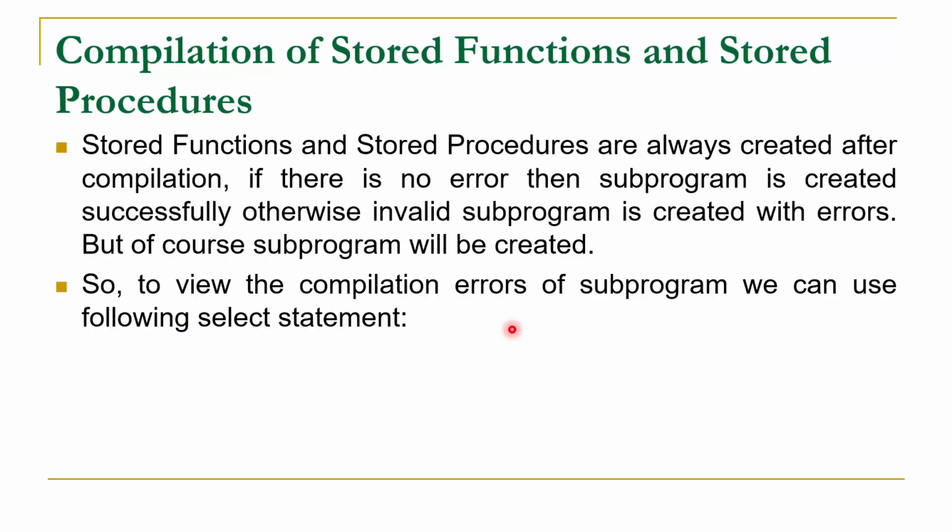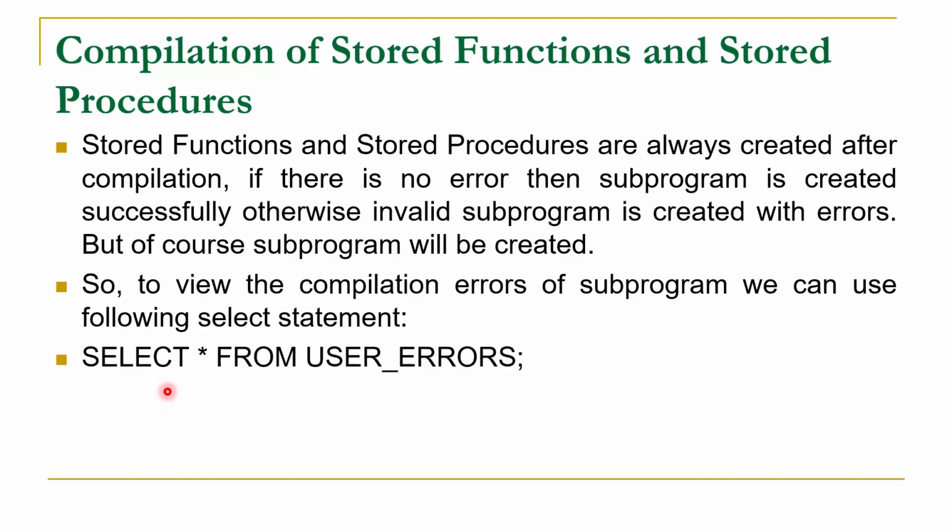So to view the compilation errors of subprograms, we have to use the statement select star from user underscore errors. When we compile a subprogram, all compilation errors are stored in this user underscore errors system table, and we can query this table to see the list of compilation errors.